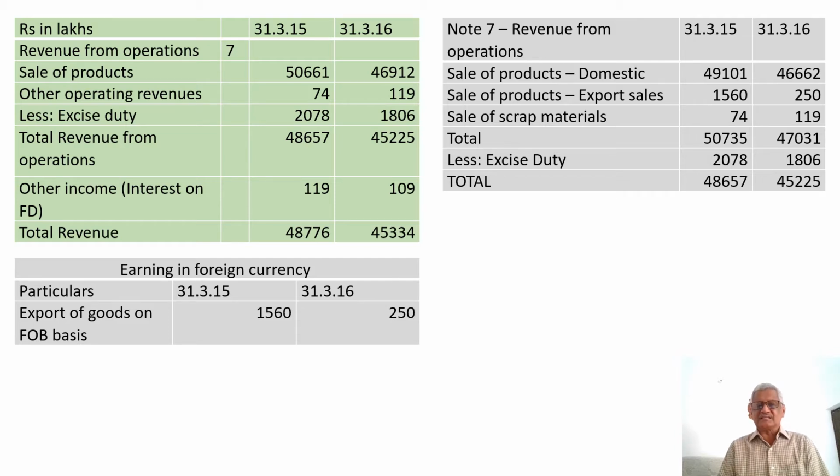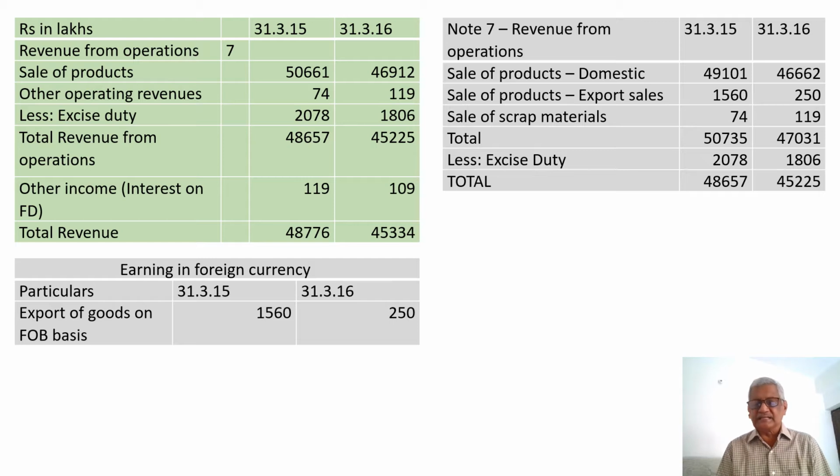It is sale of products, other operating revenues, less excise duty, total revenue from operations, and other income, then total revenue. Now if you go to note number 7, it talks about the revenue from operations. They are sale of products. It also gives the breakup of 560.61 crores as domestic sales and export sales.